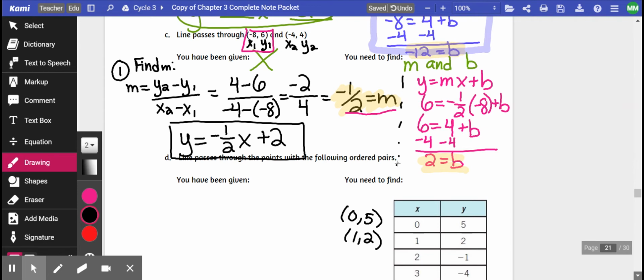And then step 2 was over here, where we said that we had to find our B value. And then that was our final answer.